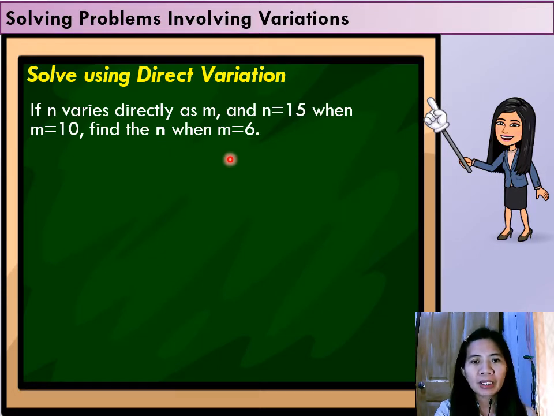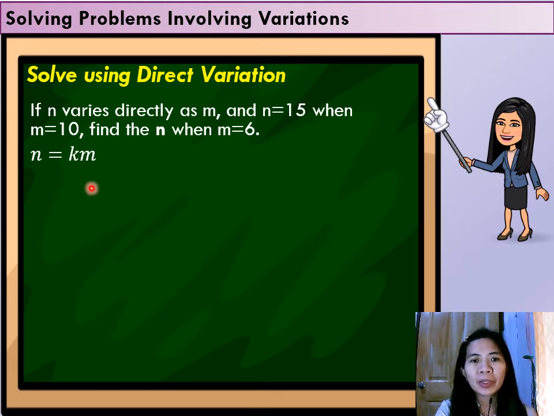But before this, we need to solve first for the constant. We can solve for the constant given the first statement, which is n varies directly as m. What will be our equation? We have n equals k times m.